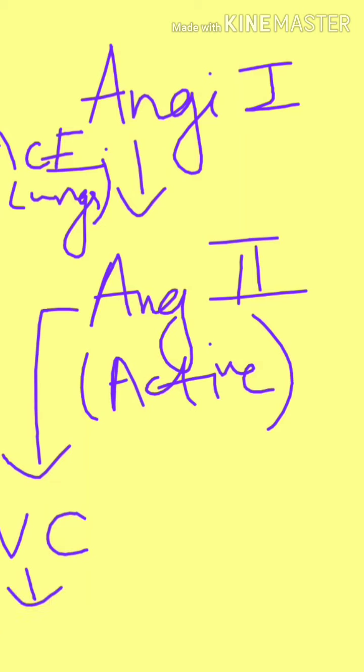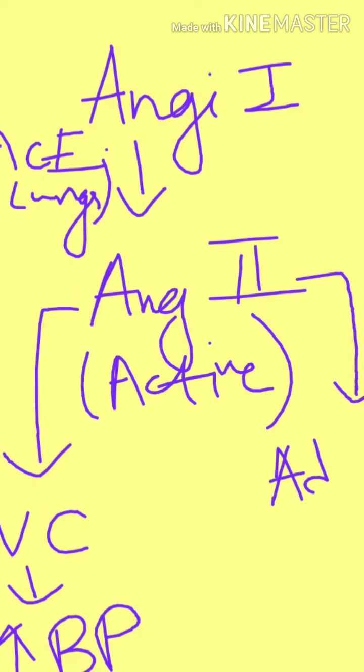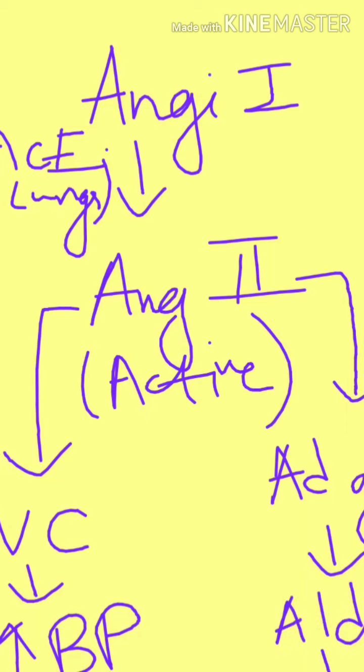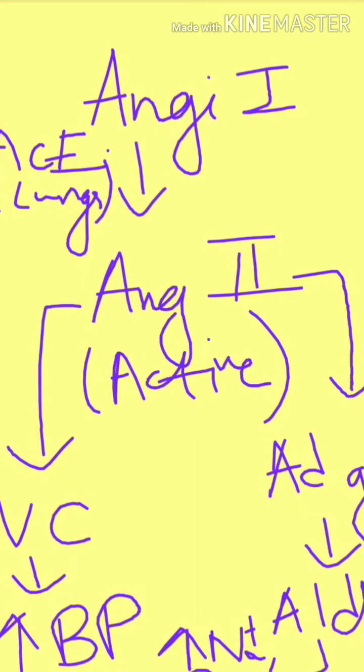So what will happen as a result? Blood pressure will increase. Another thing angiotensin 2 does is act on the adrenal gland and stimulate it to release aldosterone, which in turn increases sodium resorption. So this is the main overview of the RAAS system.